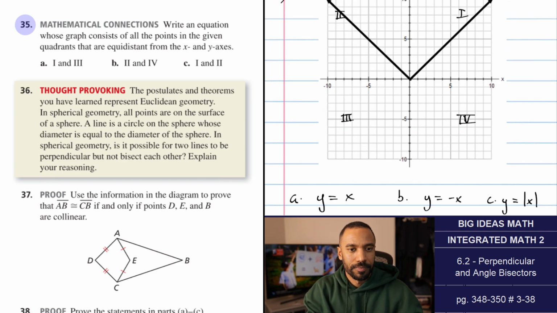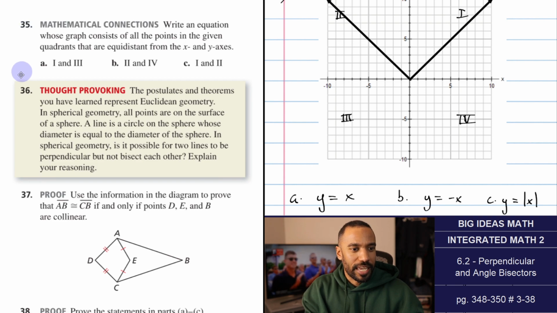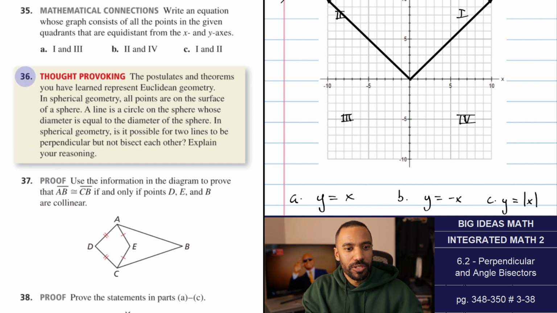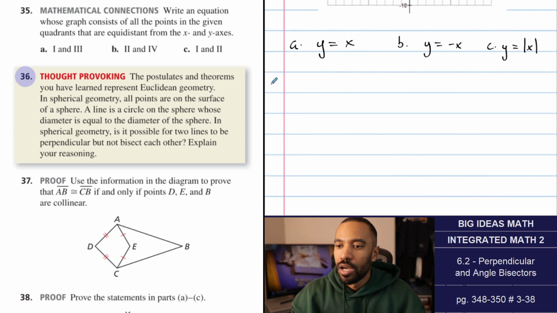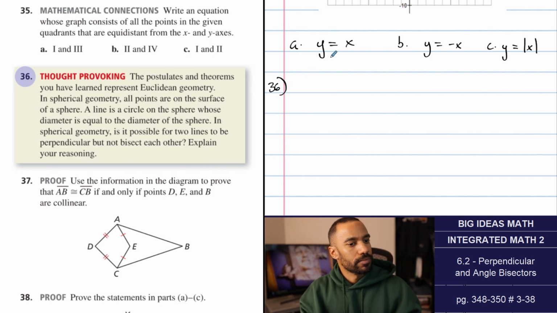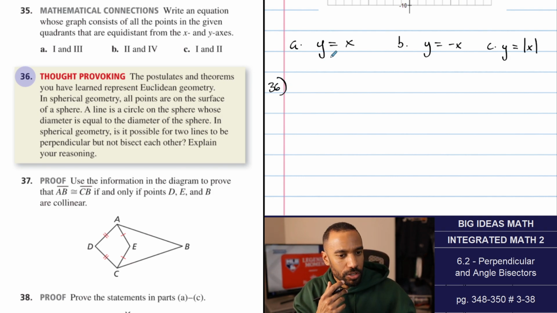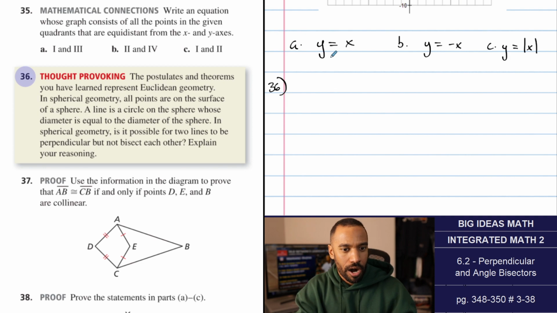Those would be the three answers there, to the best of my knowledge. That looks good. All right, number 36, thought-provoking. The postulates and theorems you have learned represent Euclidean geometry. What'd you call me? In spherical geometry, all points are on the surface of a sphere. A line is a circle on the sphere whose diameter is equal to the diameter of the sphere.